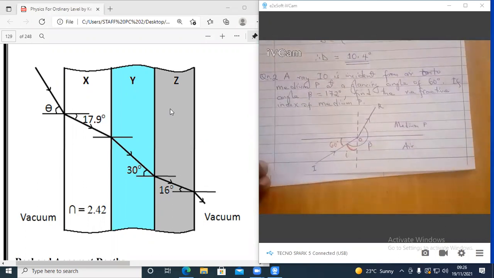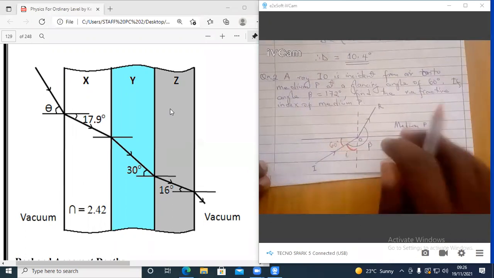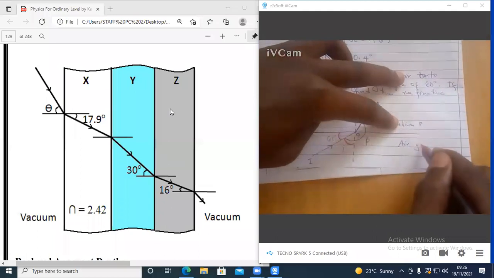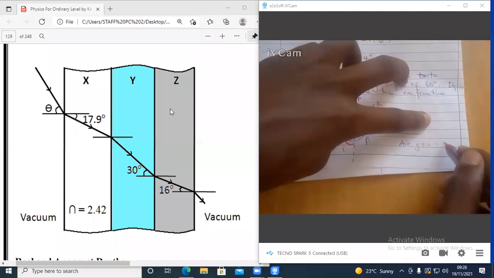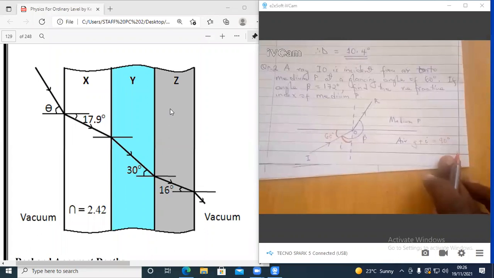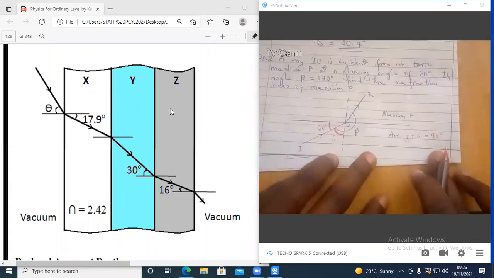We can find the angle of incidence I because we know the glancing angle. We know that the glancing angle plus the angle of incidence must give us 90 degrees.